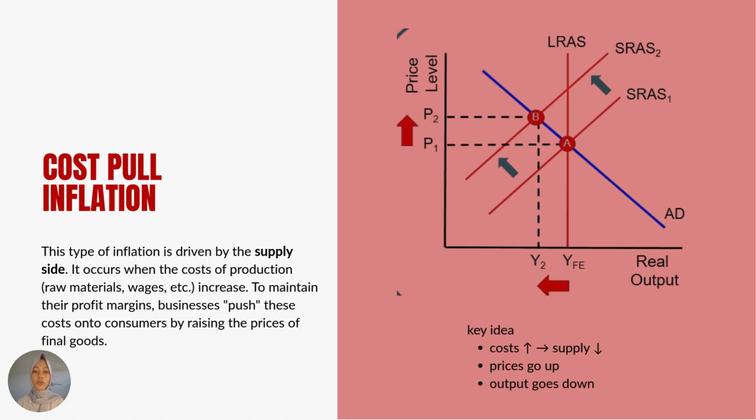When there are fewer goods available but the demand stays the same, firms raise the prices. Since firms are producing less, the total output of the economy goes down. The key idea here is that when the cost rises, the supply goes down, then the prices go up, so the output goes down.